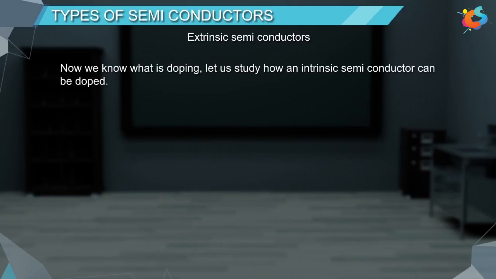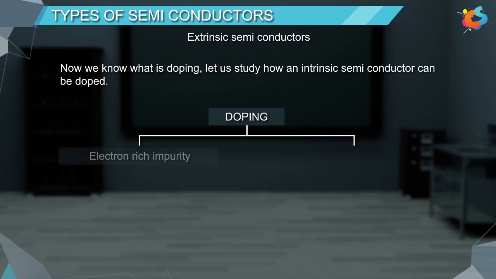Now, we know what is doping. Let us study how an intrinsic semiconductor can be doped. Doping can be done in two ways: with electron-rich impurity or with electron-deficient impurity, as compared to the intrinsic semiconductor.